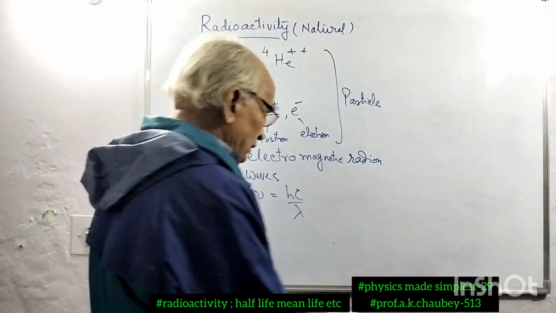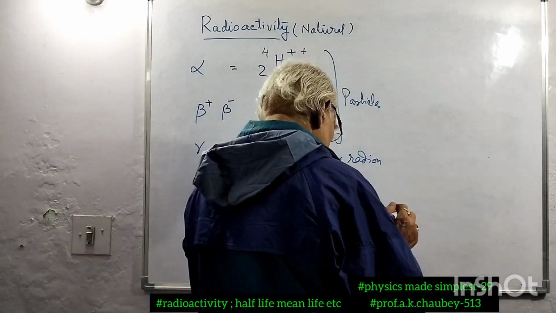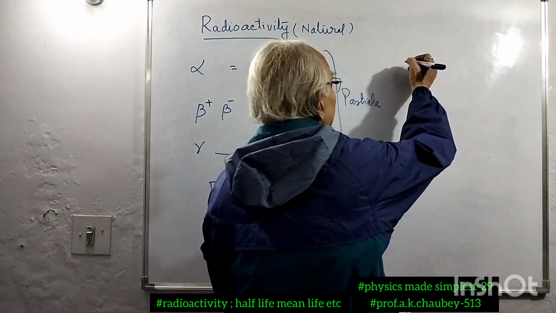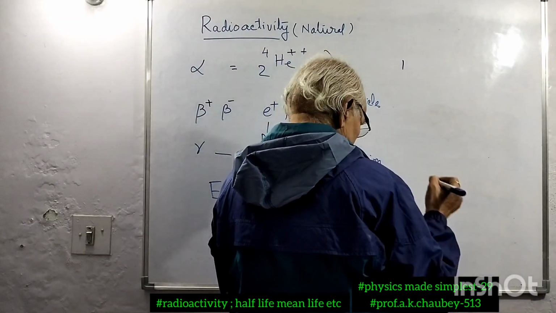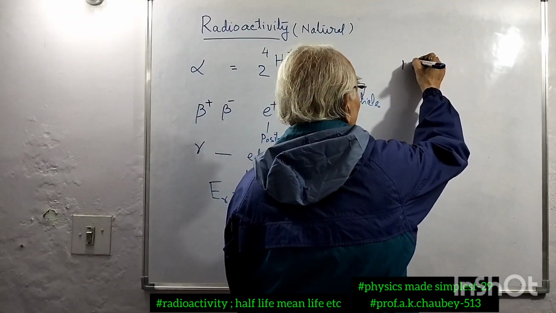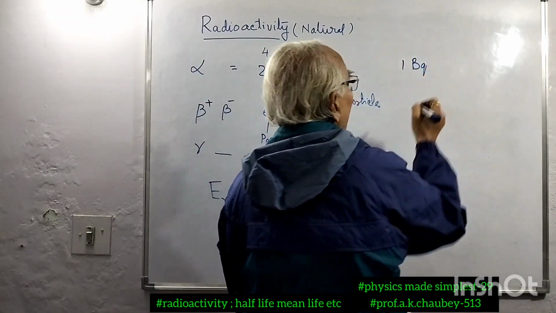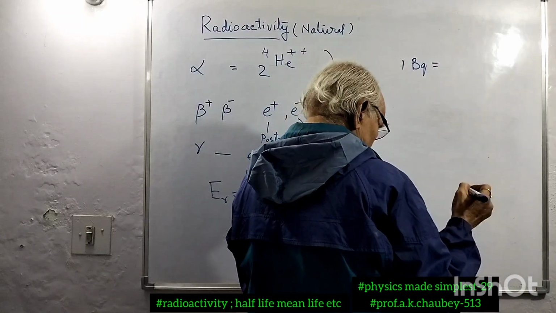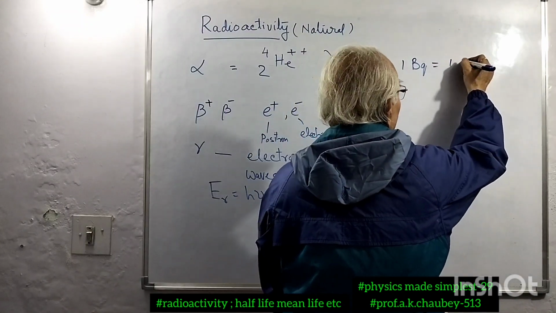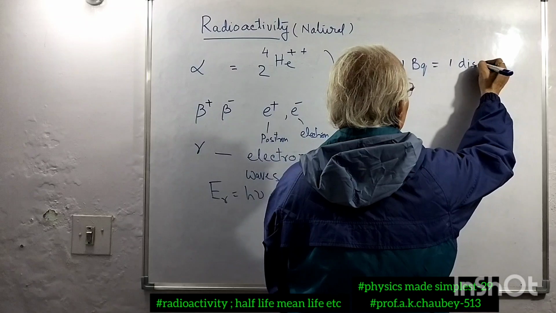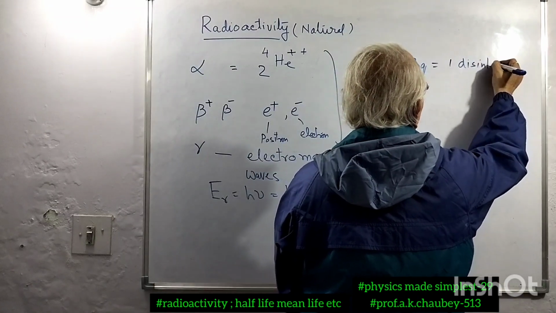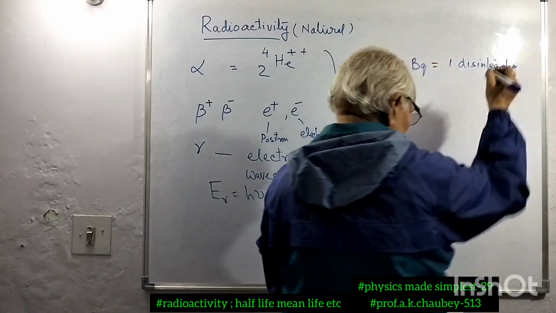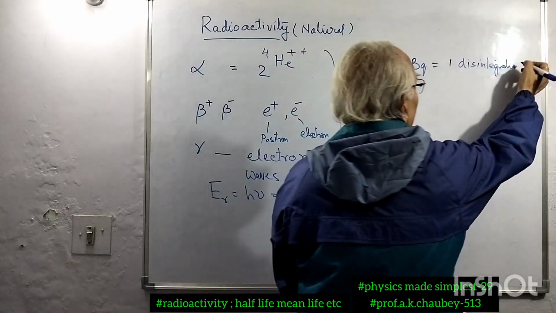Radioactivity is defined as one becquerel. 1 becquerel of radioactivity is equivalent to 1 disintegration per second.